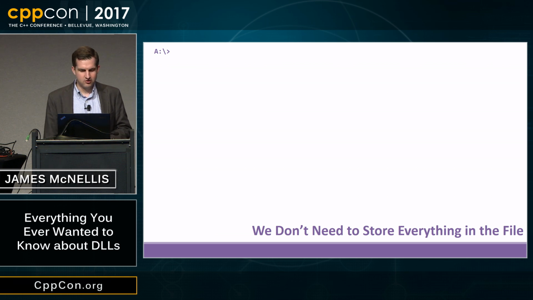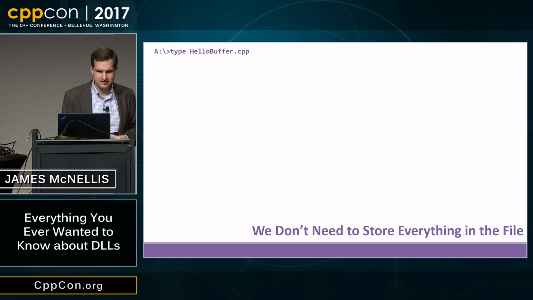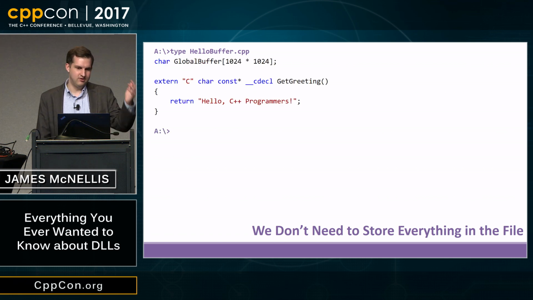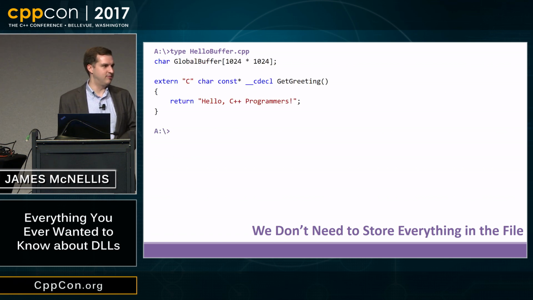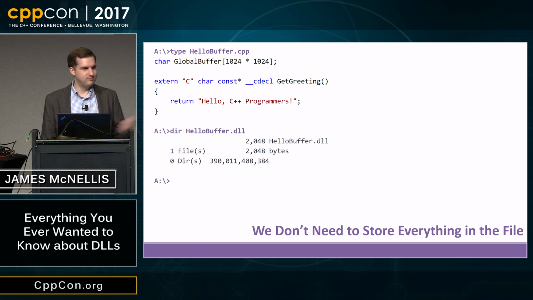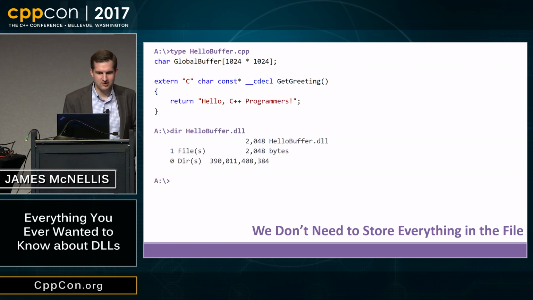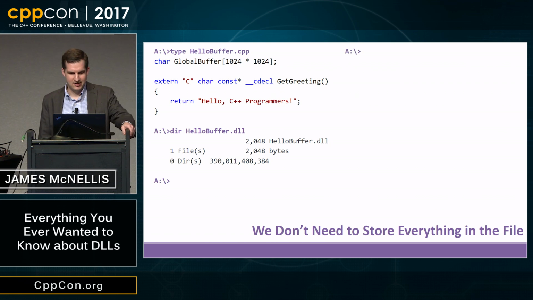Additionally, we don't actually need to store everything in the file. For example, let's say I have a version of our hello.dll called hello buffer, and I've just thrown an extra 1 megabyte global buffer inside of that DLL. Well, the DLL file is still only 2,048 bytes in size.